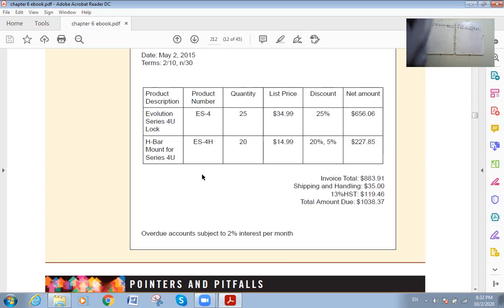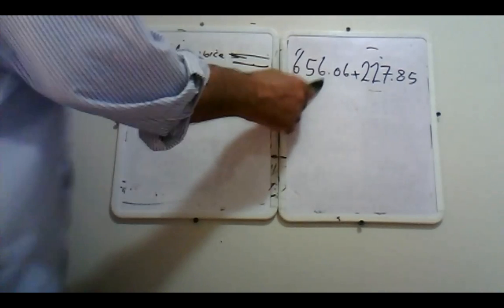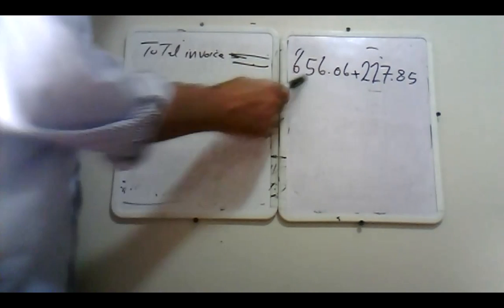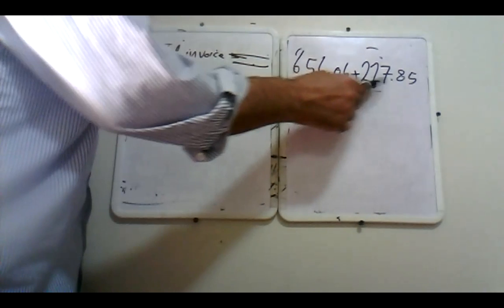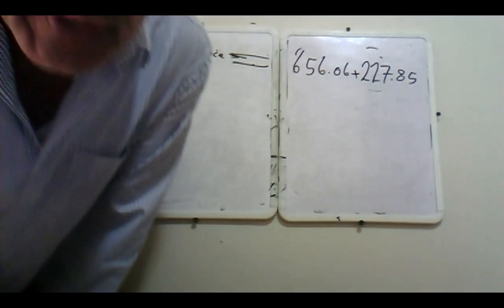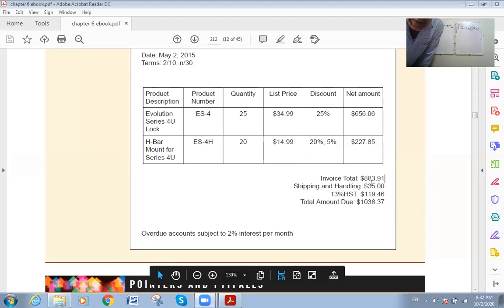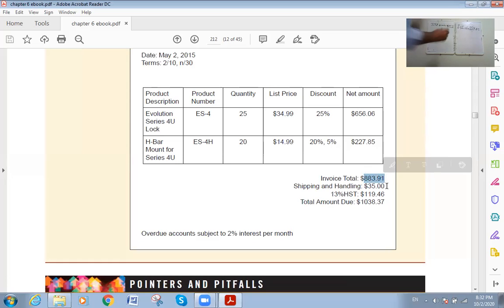Again, let me stop sharing for you to see, guys. The total invoice will be the first amount plus the second amount, 656.06 plus 227.85, and that will give me the number you have here, 883.91.